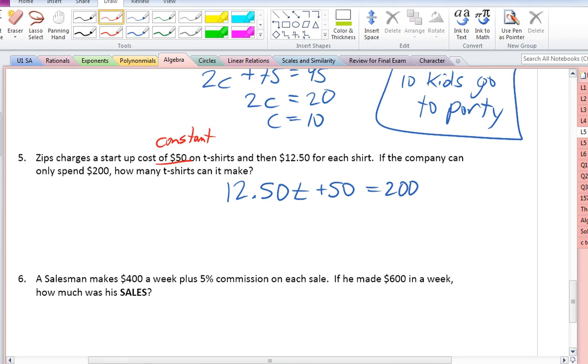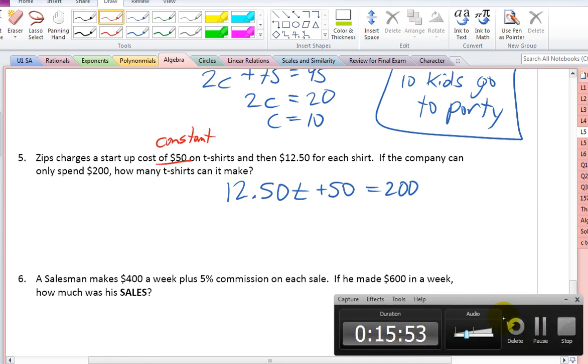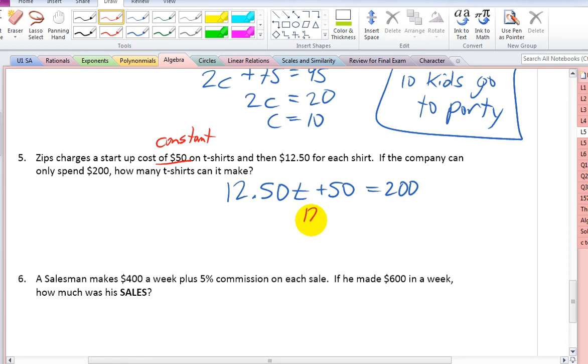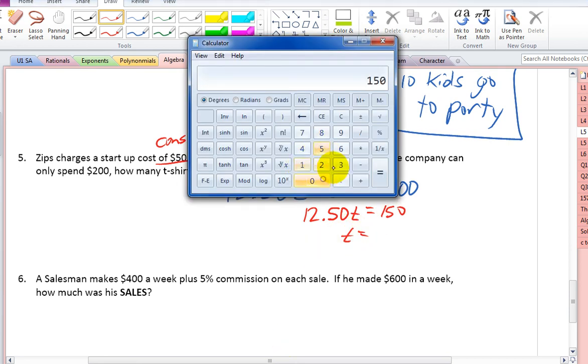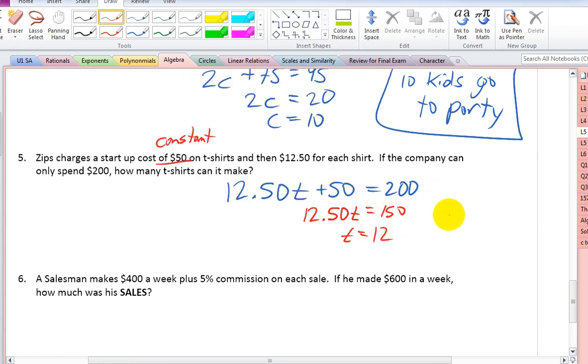Okay. Solve for t. Okay, so t equals 12. 12 t-shirts can be made.